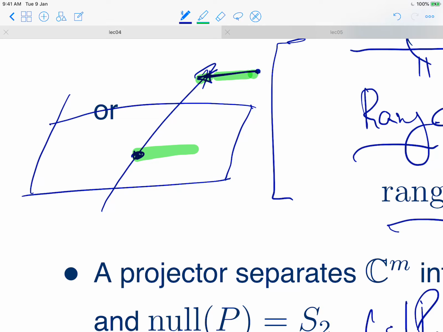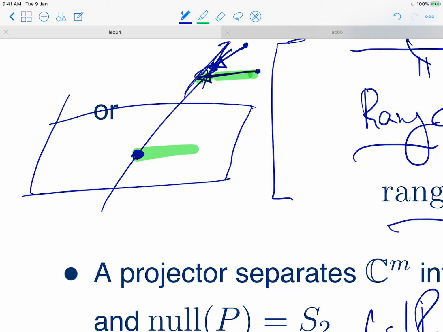Then let's consider some point further back in terms of depth, and the projection onto this line will be something like this direction.